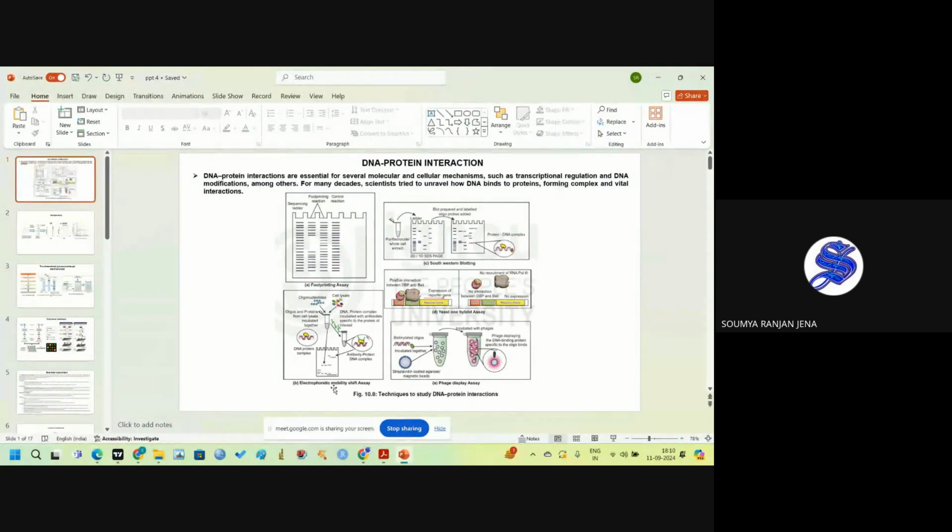But the electrophoretic mobility shift assay is used to detect protein complexes with nucleic acid. In the electrophoretic mobility shift assay, you add the DNA in the gel for electrophoresis, and the primary antibody confirms the binding with the protein molecules.